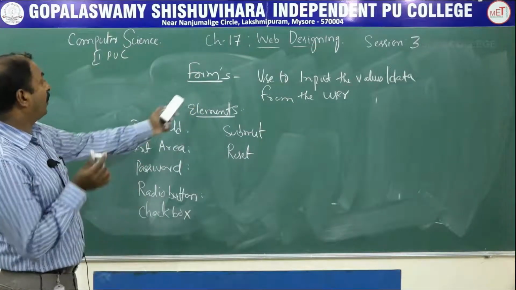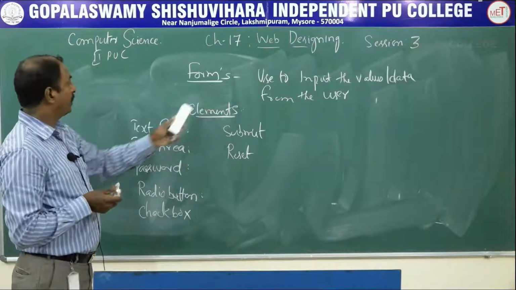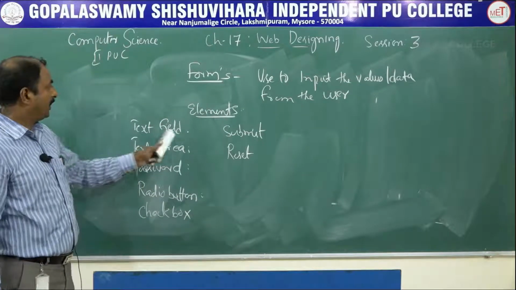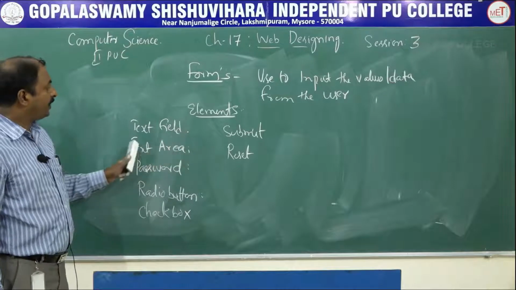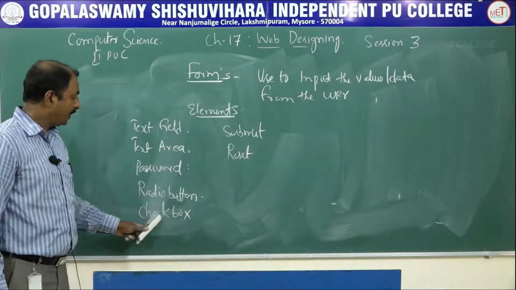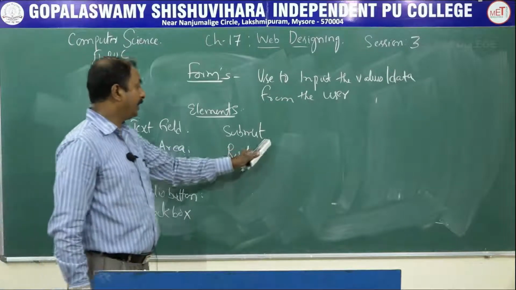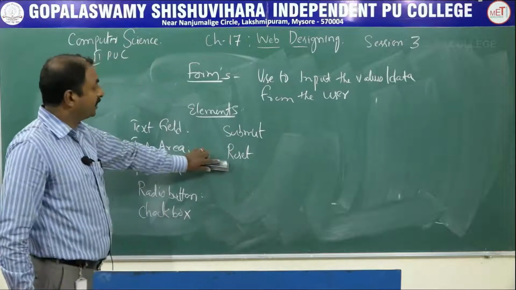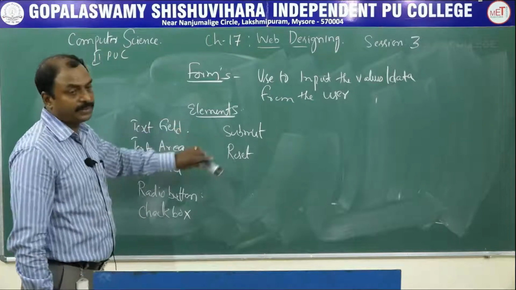So each form may have the following elements, which are nothing but fields: text field or text area, password, radio button, checkbox, submit and reset button. So now let us discuss these elements one by one.